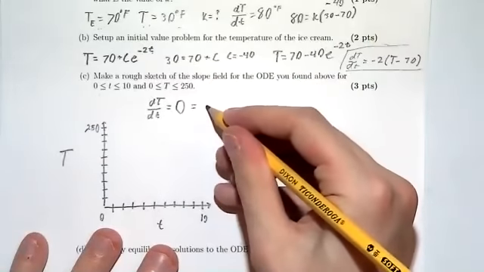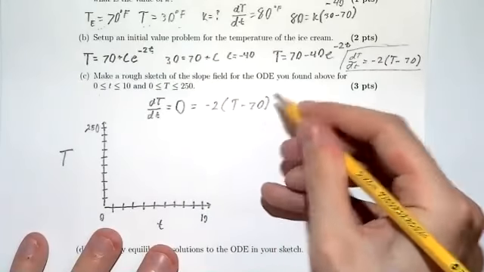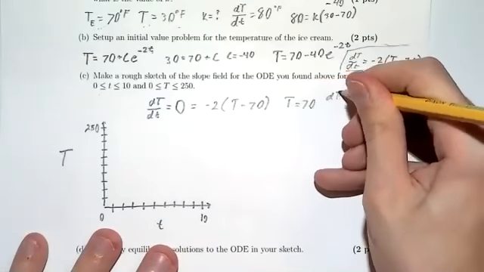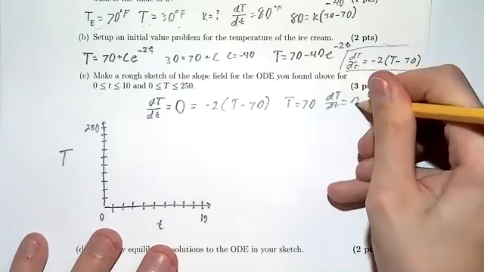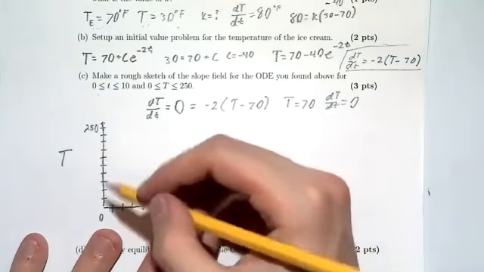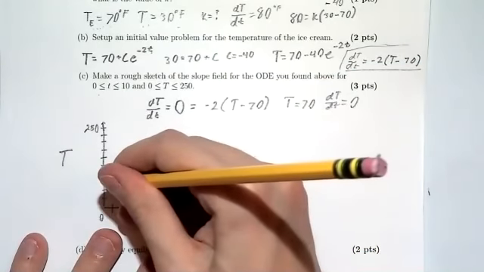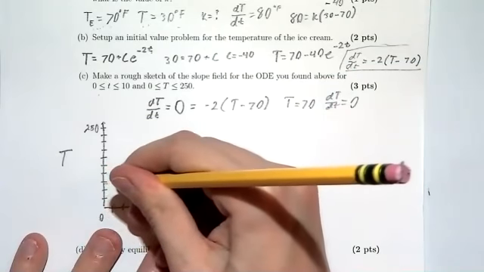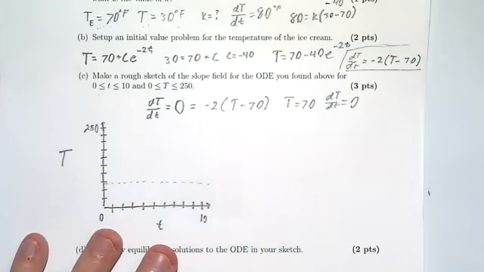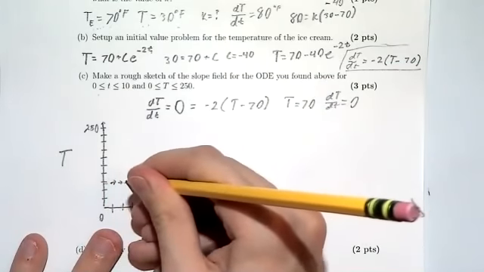If we know that it's equal to negative 2 times (T minus 70), we know that when T is equal to 70, dT is equal to 0. So we find our 70, so that's 25, 50, 75, so 70's right around here. So we'd have just kind of straight lines like this.